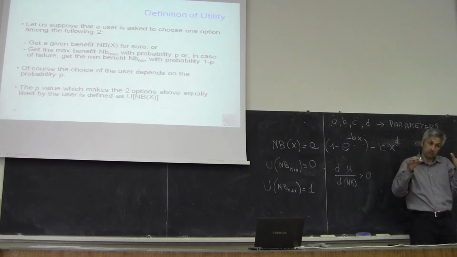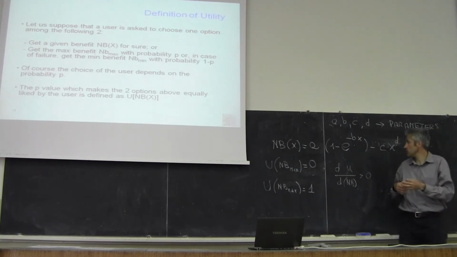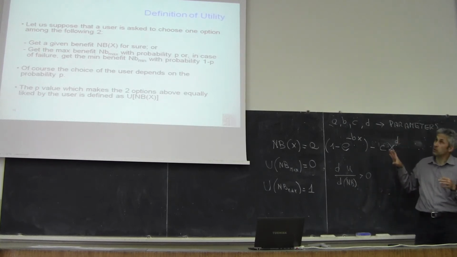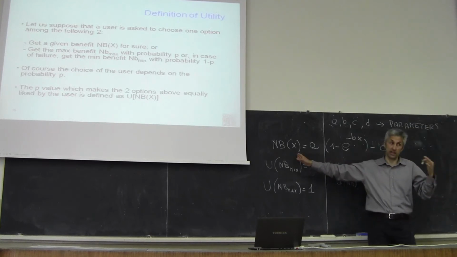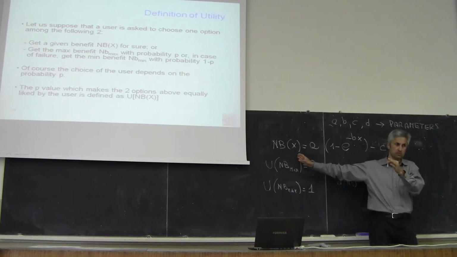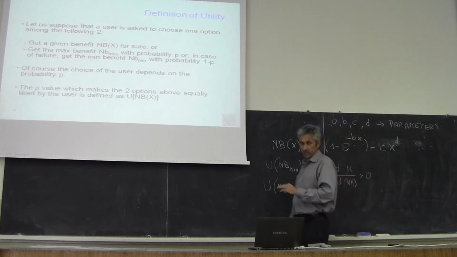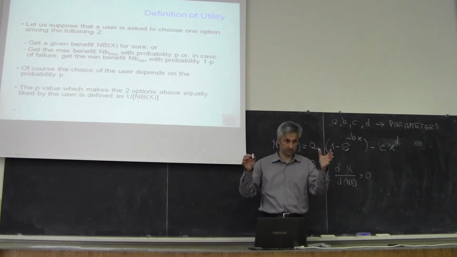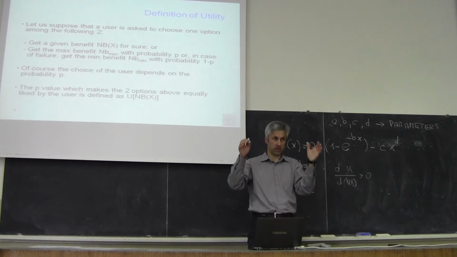So it's very possible to identify the minimum benefit, which is not 0, or it could be, it doesn't matter. But in any case, x cannot be negative, so you can identify the minimum benefit and you can also identify the maximum.